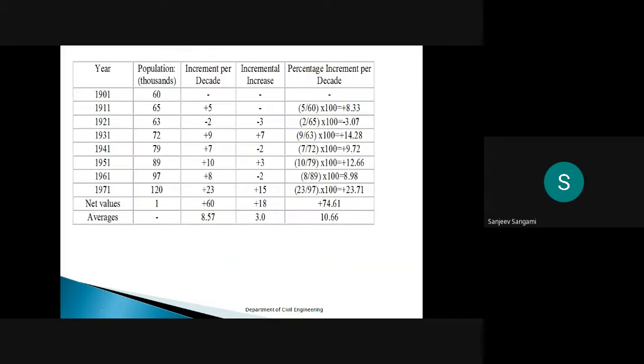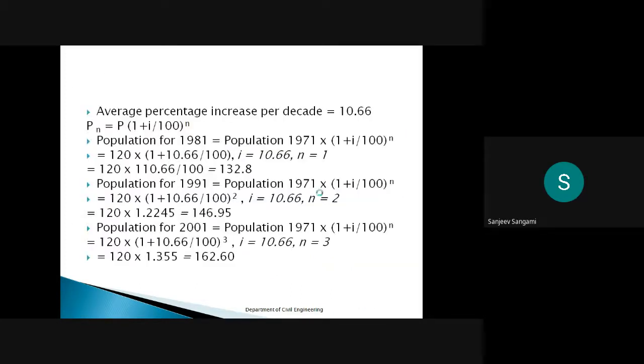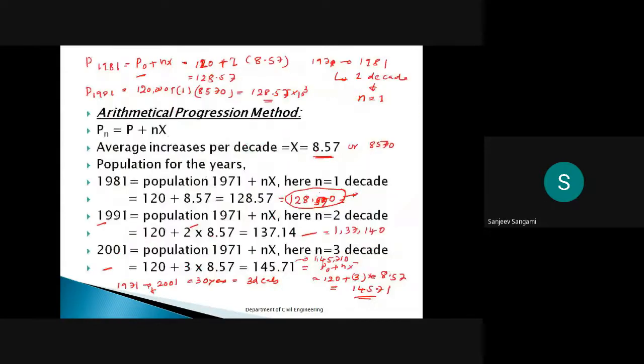So accordingly, we have calculated that. See here, Pn is equal to P naught plus n x bar. Here n stands for the number of decades from the last known population, 1971, to 1981.